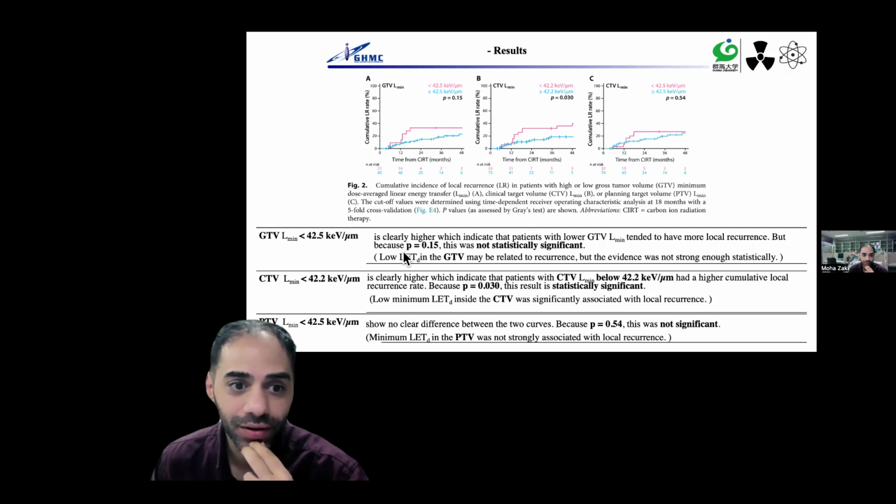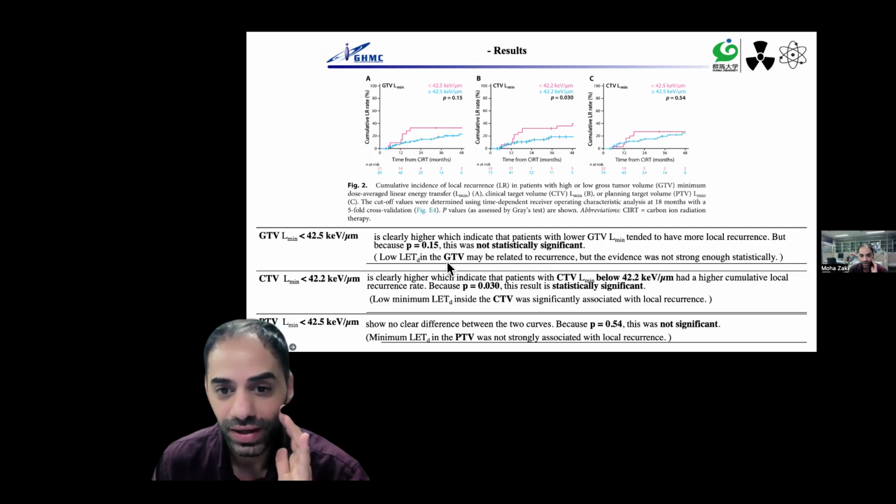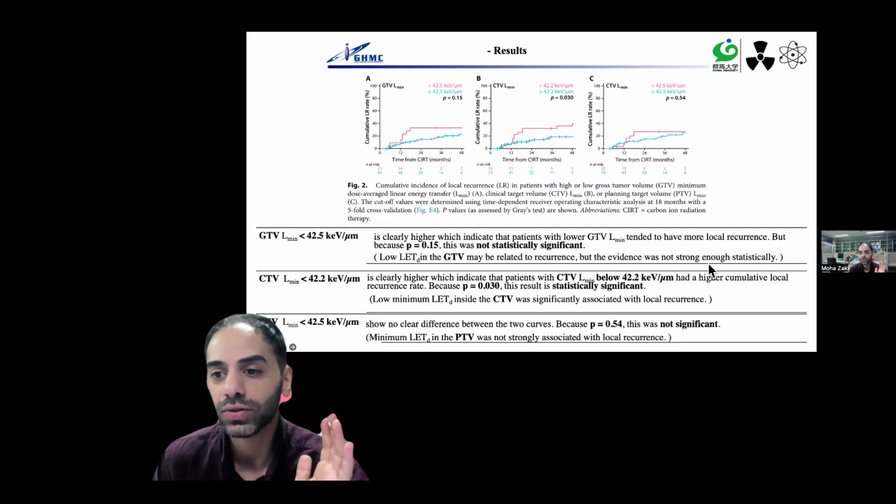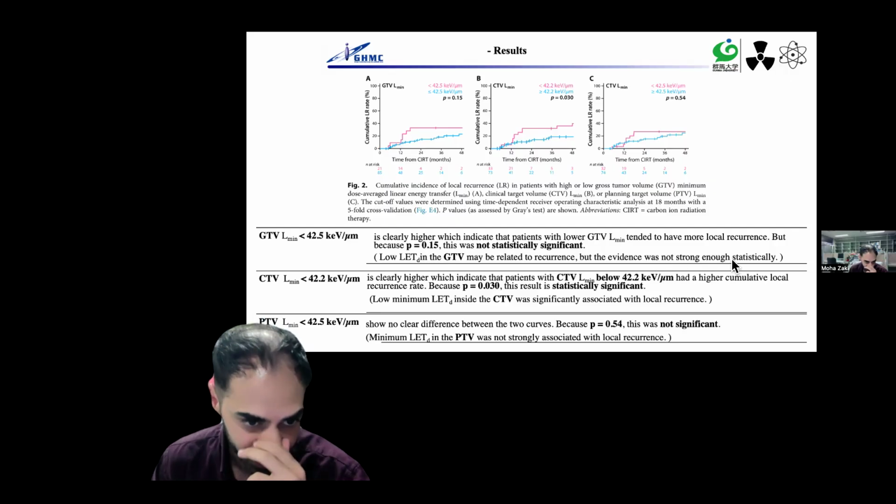But because the P value is equal to 0.15, this was not statistically significant. So low dose average LET in the GTV might be related to recurrence, but the evidence was not strong enough statistically.